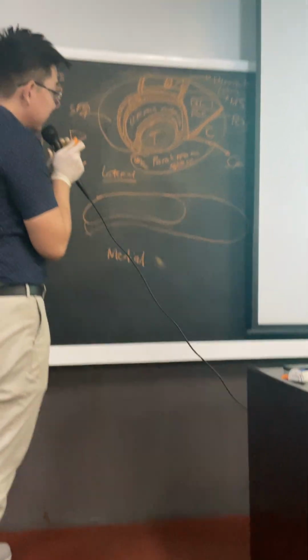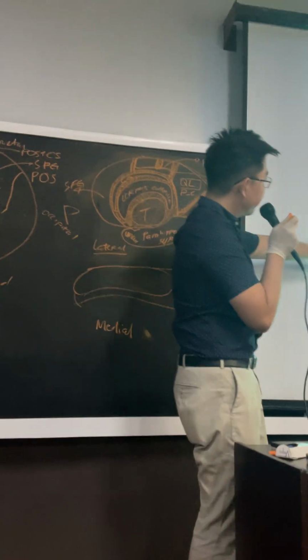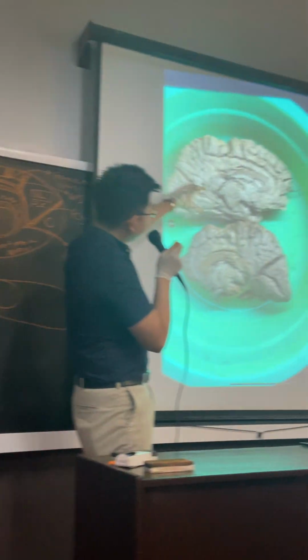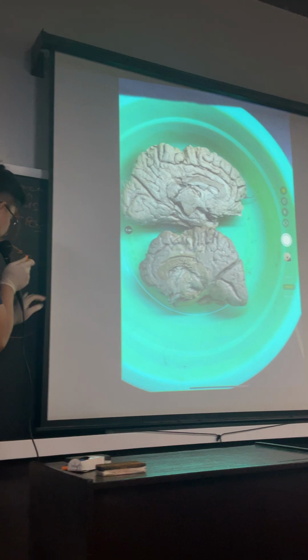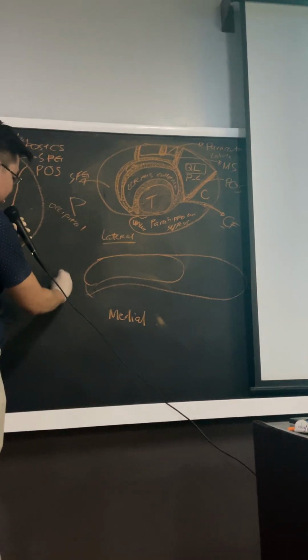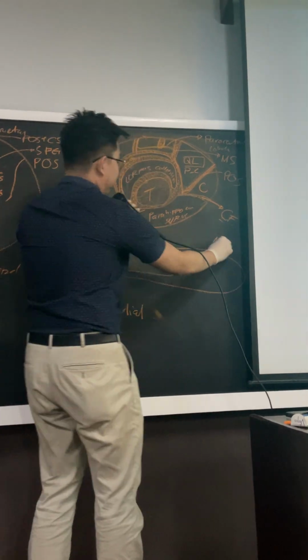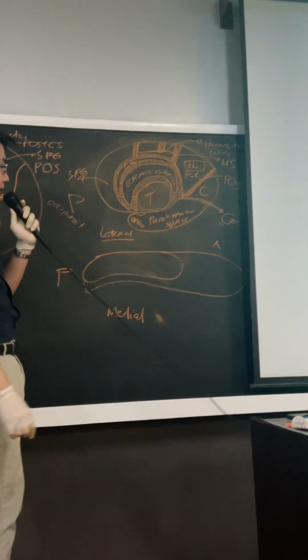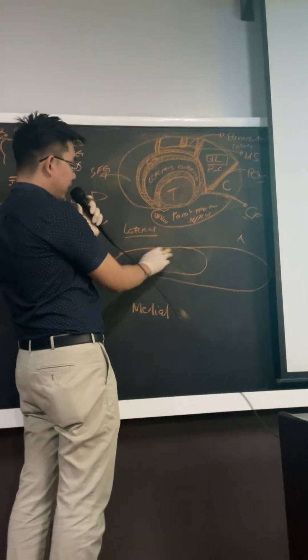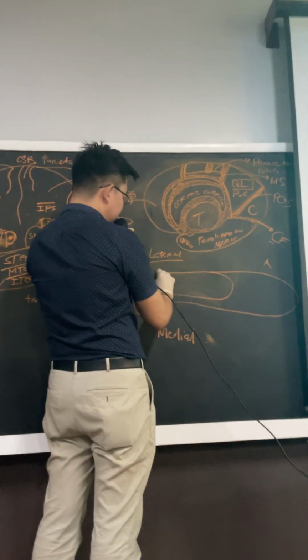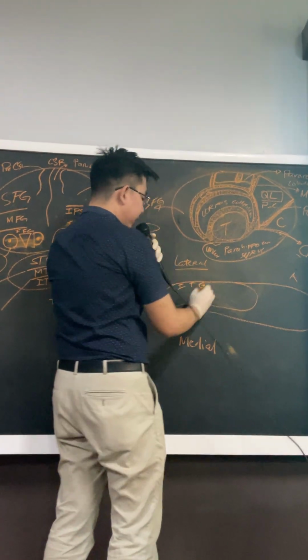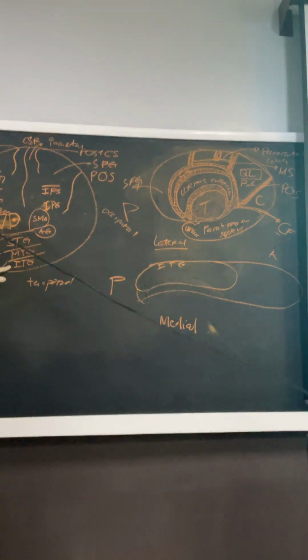If we pick this up and look at the basal surface of this structure, this is how it looks. This one here is the posterior, and this one here is the anterior part. Now, what was the last gyrus that was found here? That's your inferior temporal gyrus, which is an extension of this.